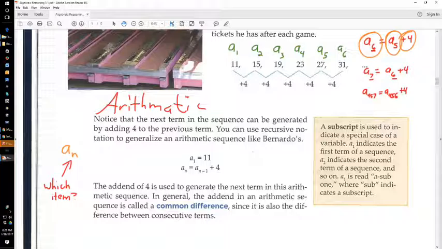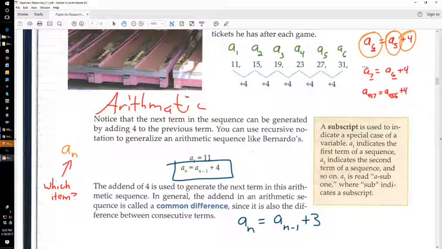Let's talk about sequence 1. Remember sequence 1 we did with the toothpicks? Let's build the equation for it. For whichever term I'm looking for, that would be a sub n, I take the one before it, a sub n minus 1, and add 3. Remember, we started with 4, added 3 to get 7, added 3 to get 10, added 3 to get 13.